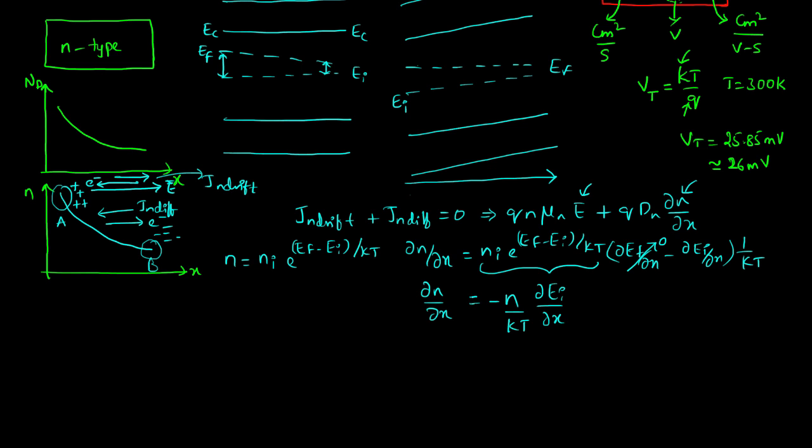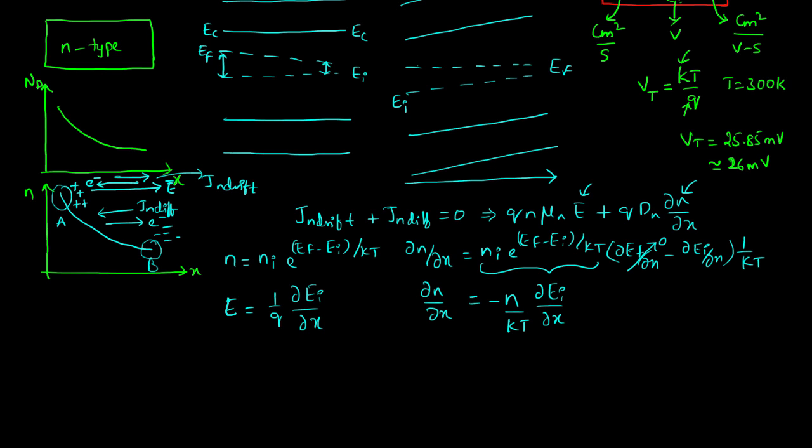Now what is electric field? We can write electric field E as 1 over q times del Ei over del x, and Ei is changing with respect to x. We will see why we can write electric field in this way in the next video.